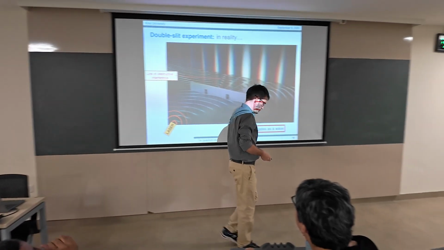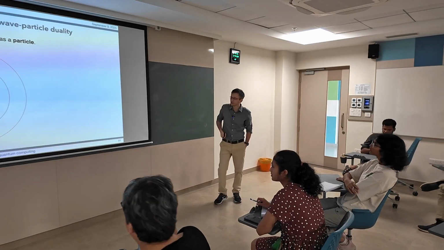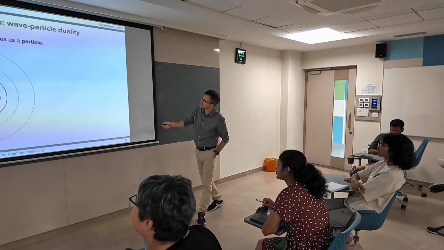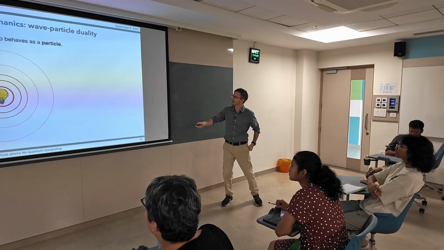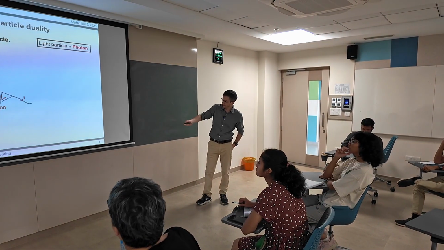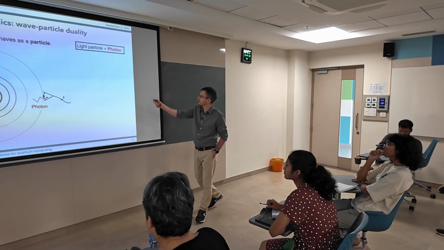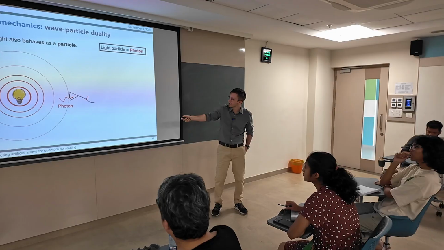But that's not the whole story. We all know that light can also be a particle. Imagine this light bulb, it's sending waves of light outside. But then take an observer. The particles of light are called photons. The photon is going to impinge on your retina.